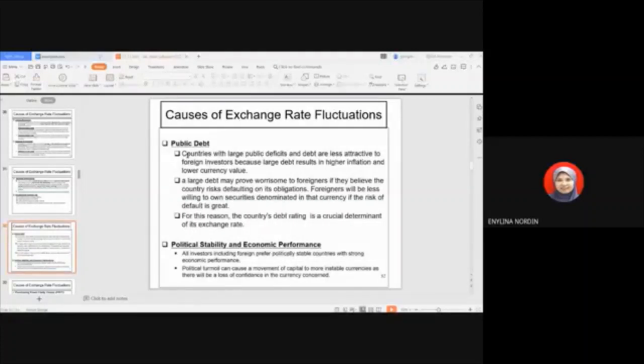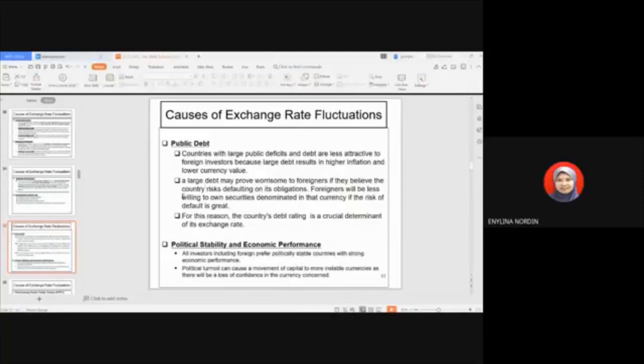Another factor that will influence the exchange rate is the public debt. A country with a large public deficit and debt is less attractive to foreign investors. Why is that? Because large debts could result in higher inflation and lower currency value.